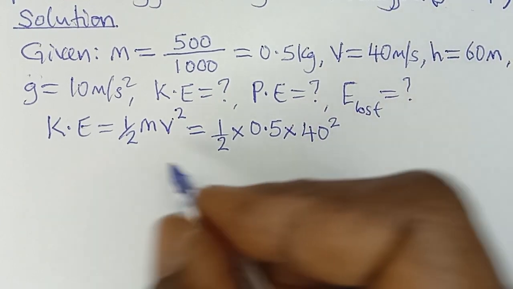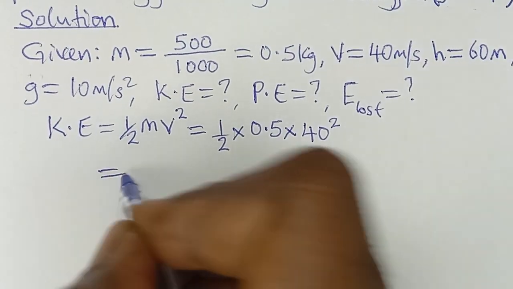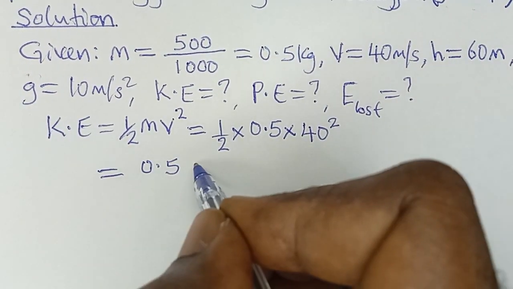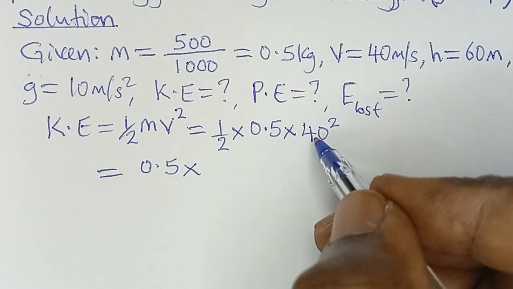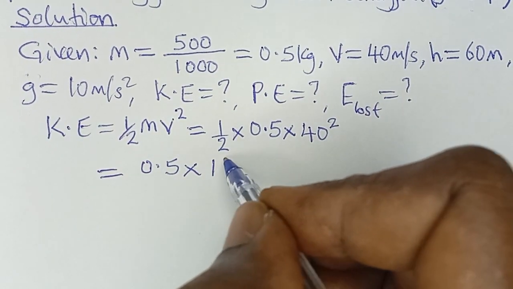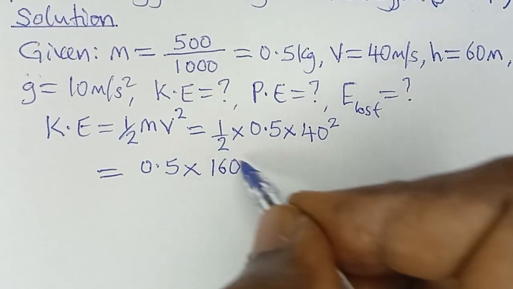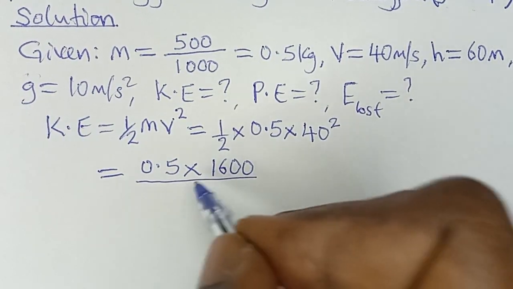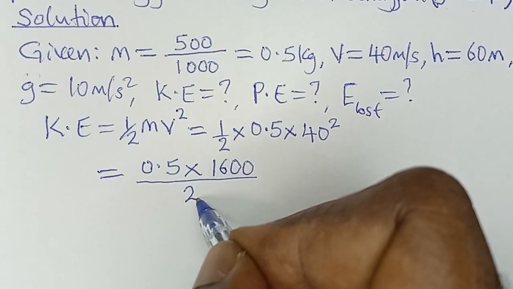So now, we are going to simplify this further. I'll write this as 0.5 multiplied by 40 square, which is 1600. That is 1600, all divided by 2.